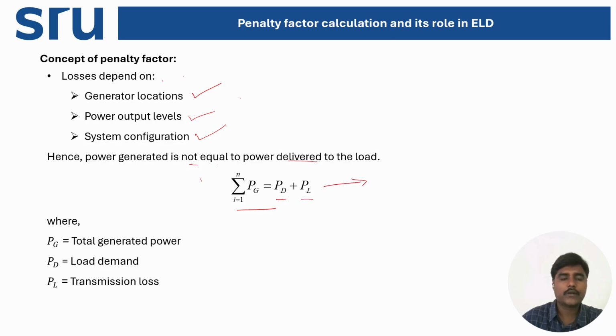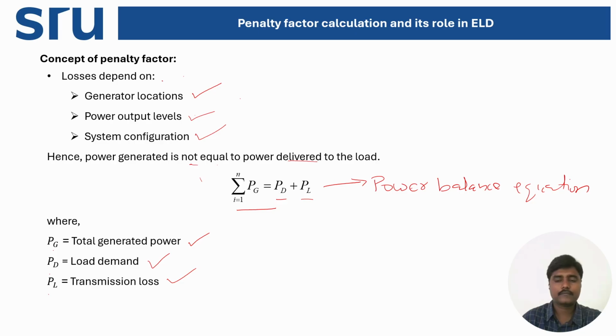This particular equation is called the power balance equation. As we saw in the previous lectures also, this PG is equal to PD plus PL, called the power balance equation, where PG is total generated power, PD is total demand power and PL is total transmission losses.